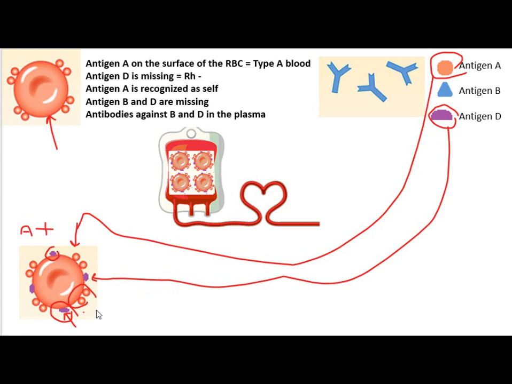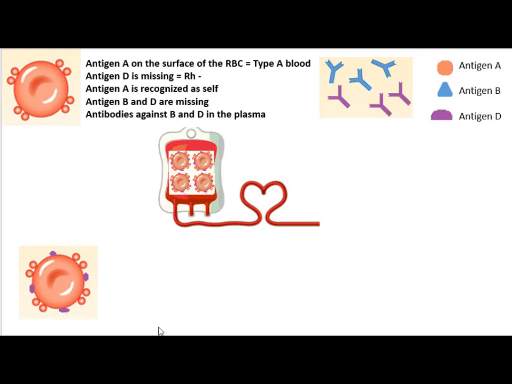So remember, we said initially you don't have antibodies against D. But because of this exposure, now what is going to happen? Your macrophages will look at this and say, I don't recognize that. That's a stranger.